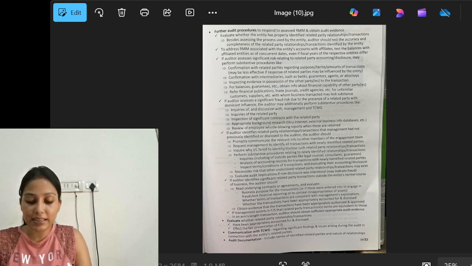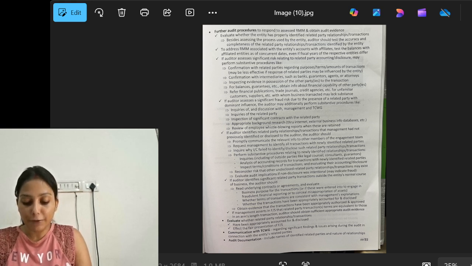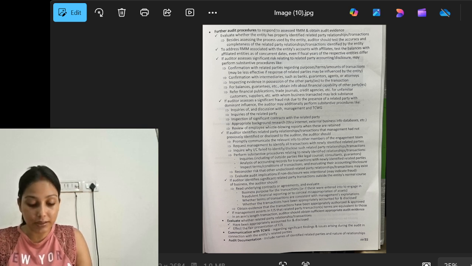If the auditor assesses a significant risk relating to related party accounting and disclosure, the below-mentioned substantive procedures can be performed: confirmation with the related parties, confirmation with intermediaries, inspecting the evidence in their possession, and referring to financial publications, trade journals, and official documents.